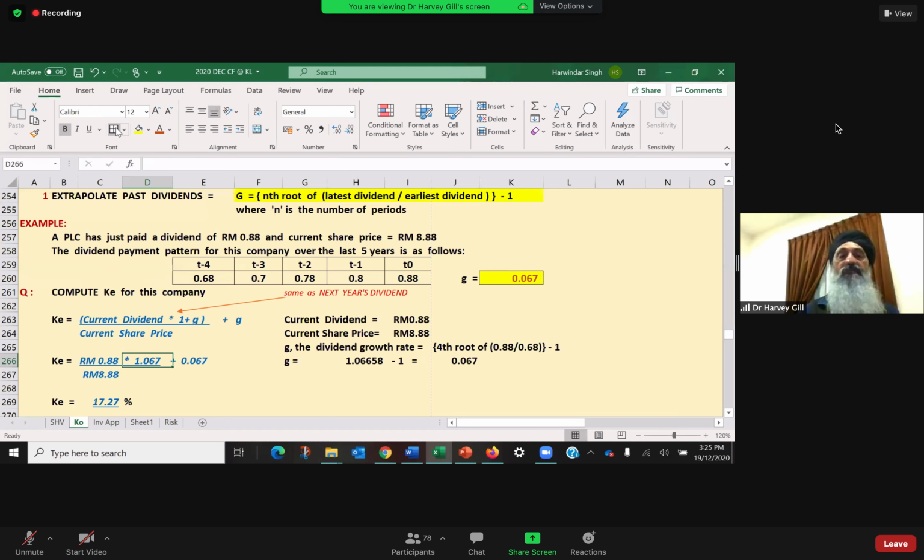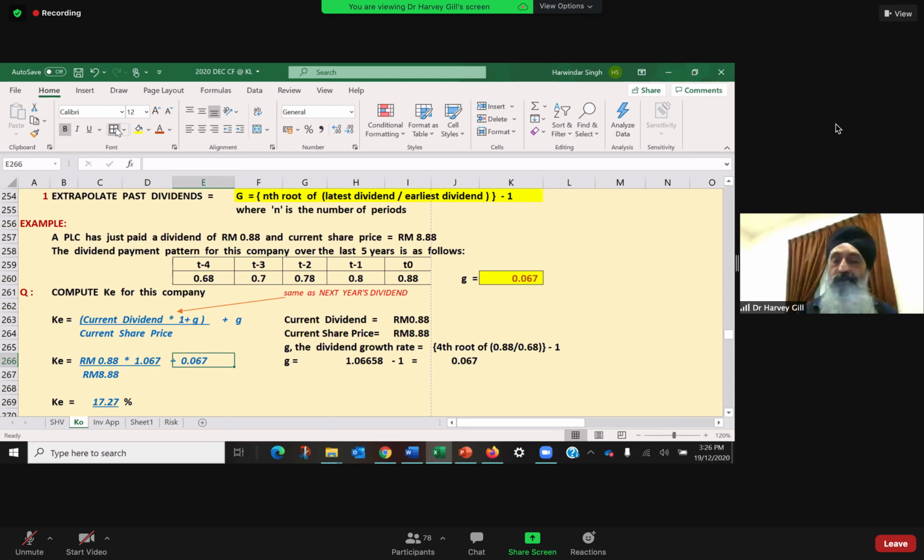Because next year's dividend will be 6.7% more than the current year's dividend. So 1.067 is saying that next year's dividend will be 106.7% of this year's dividend. That's why I take 0.88 multiplied by 1.067 divided by the current price, which is 888, and then plus G again.